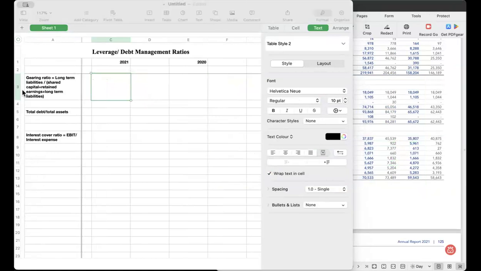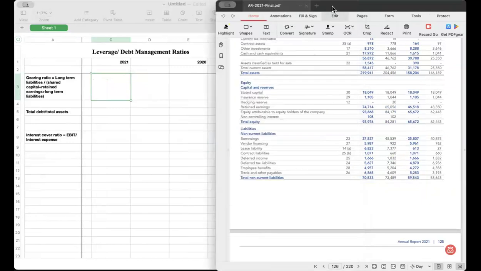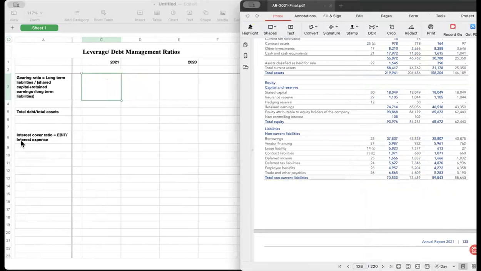The long-term liability. So as I said, you will have to take this, this, this, and this, this, and this.